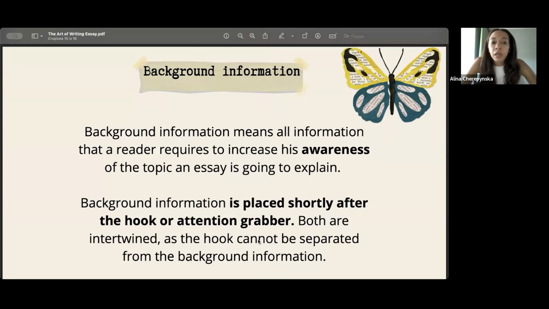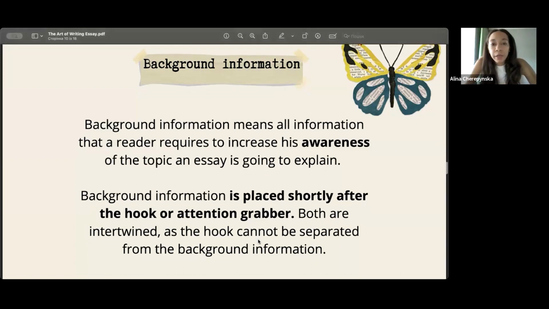In background information, you need to shortly explain the information in the text. You work with the awareness of the topic. So you're going to emphasize the idea of the essay or the topic of the essay. Background information often goes after the hook. And of course, it should be brief.